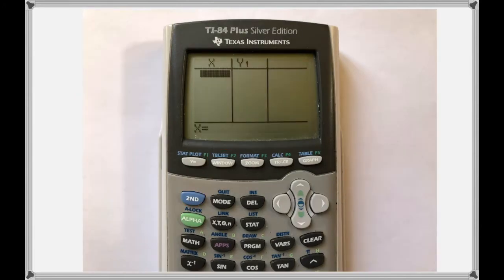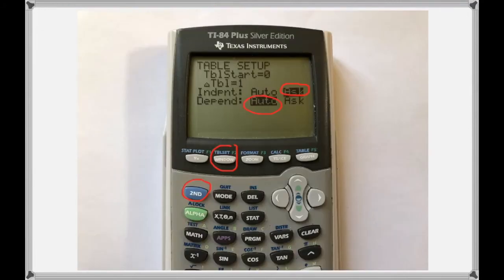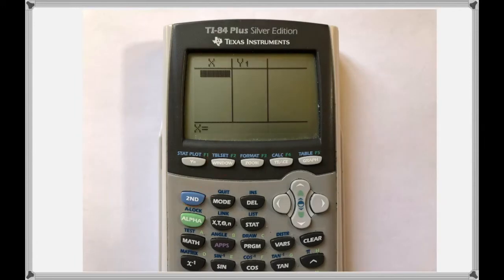Once you do that, well, first of all, you want to make sure that you enter your actual equation into the y equals. So if you enter that into y1, and then make sure the table setting is in that correct mode, then go to table.